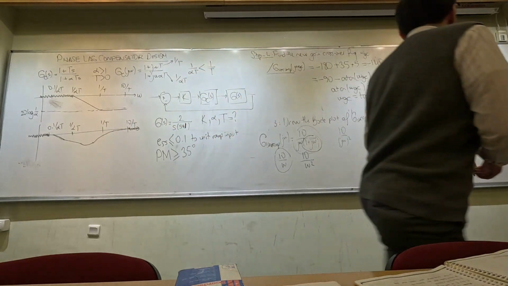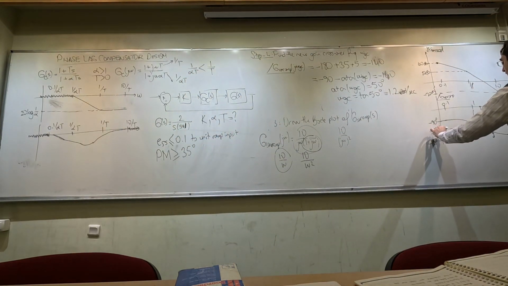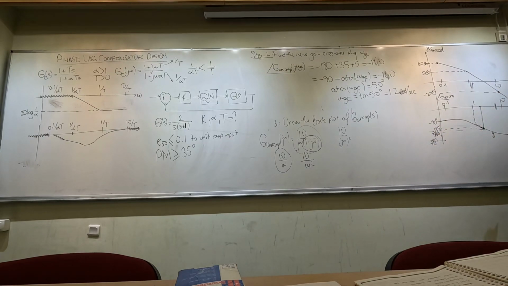So the new gain crossover frequency is going to be where the phase of the open loop system without the compensator crosses minus 140. It is going to be somewhere here.